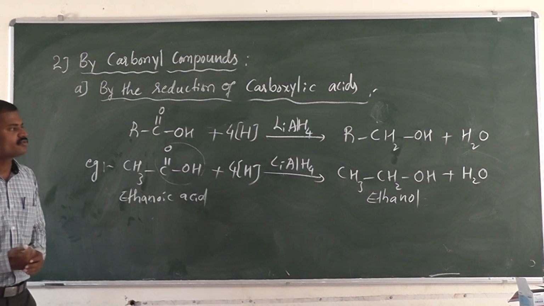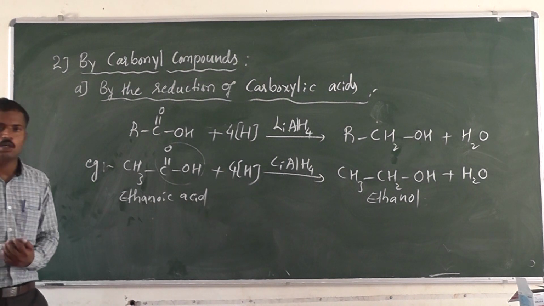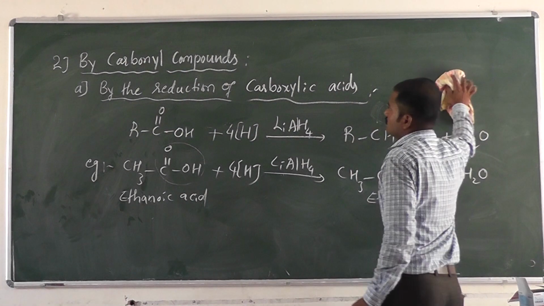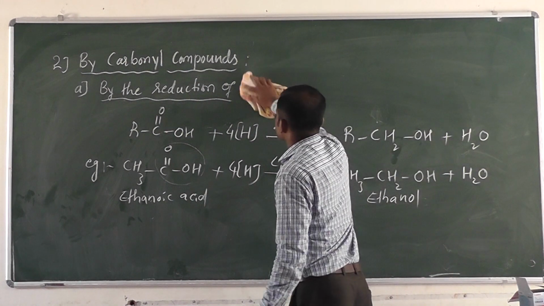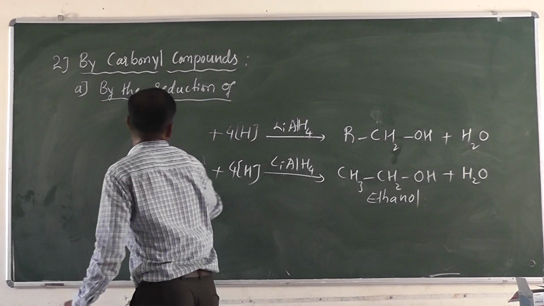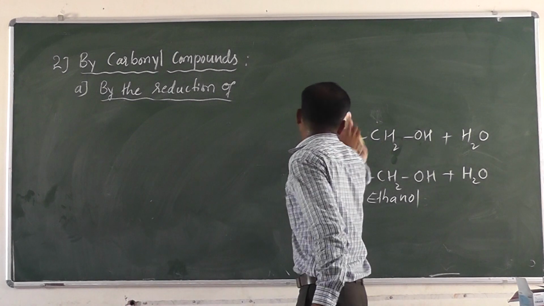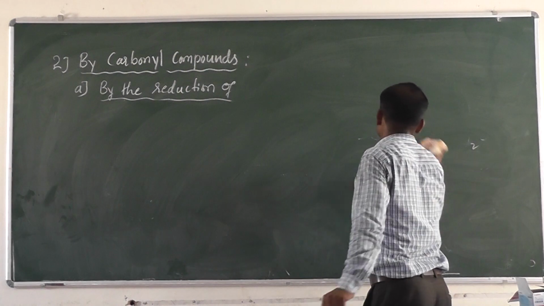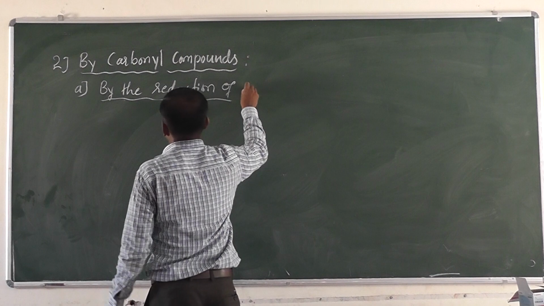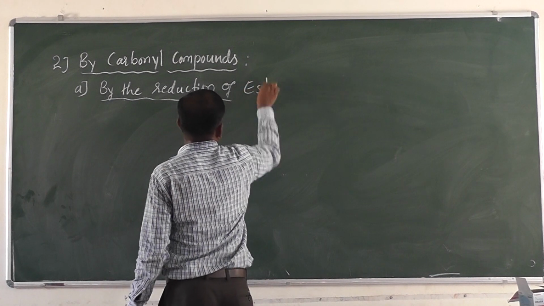So it is also a simple method to prepare alcohol. Or we can prepare alcohol by another method, that is by using ester. So we can prepare alcohol by the reduction of ester.